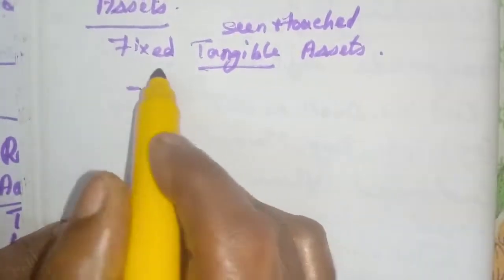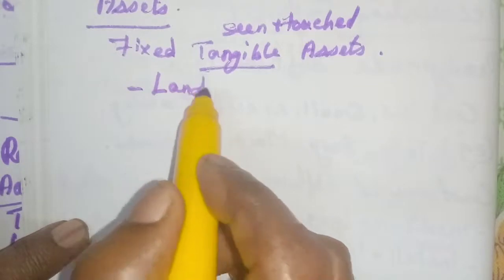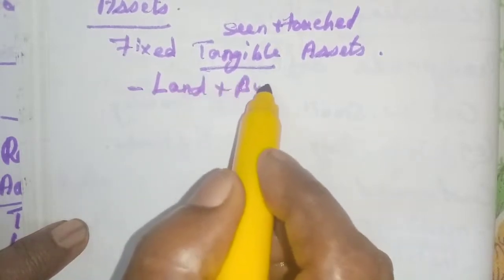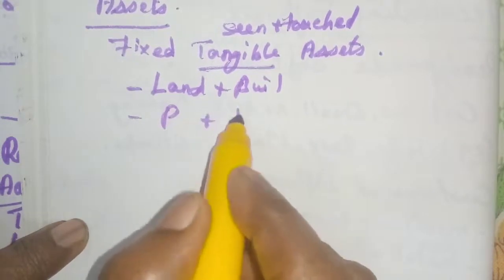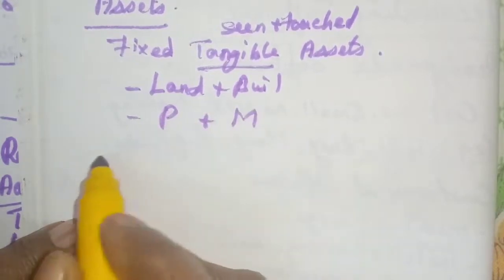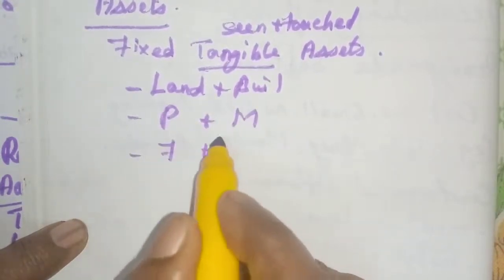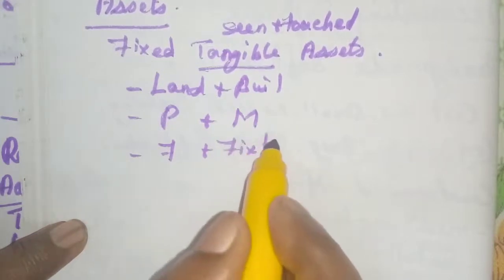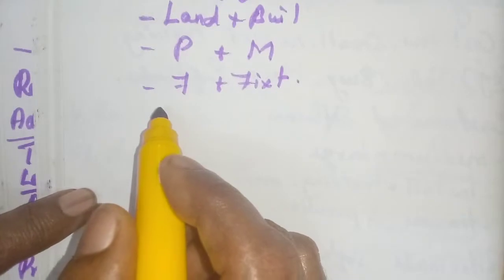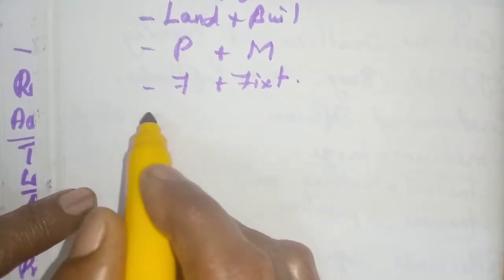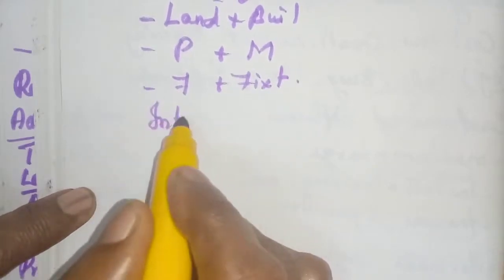What are the tangible assets? Land and building, then plant and machinery, furniture and fixtures. These are the fixed tangible assets. Then fixed intangible assets.